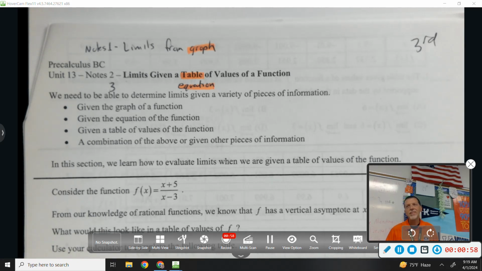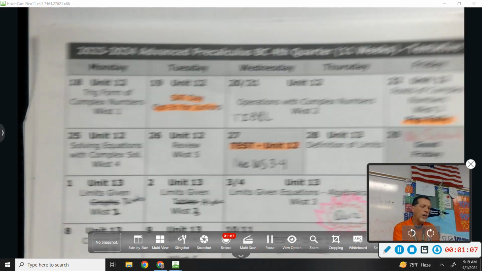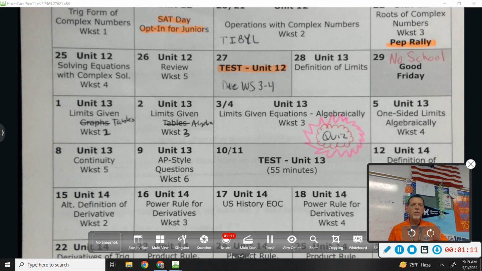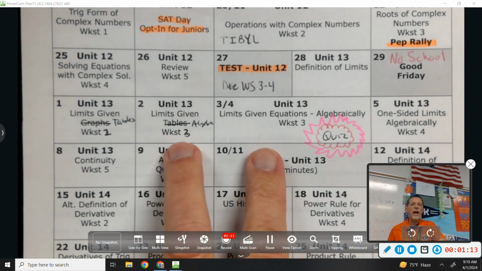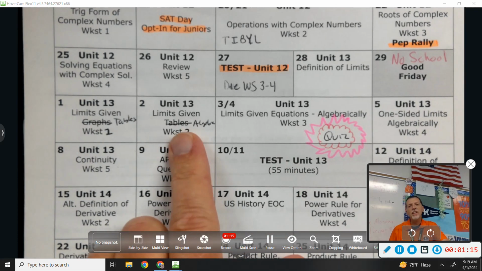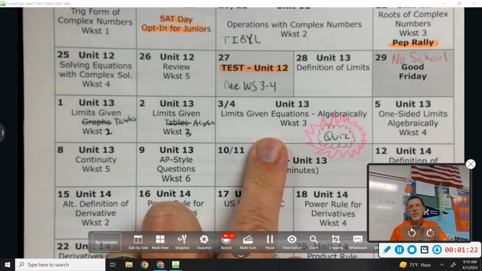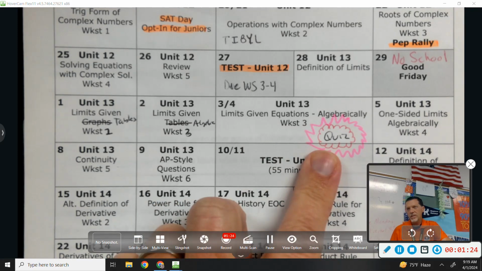For the quiz, like on Wednesday, is there going to be stuff that we learn on Wednesday on the quiz? No, because we do have a quiz coming up, so may as well address it. We were going to have 2 days on algebraically, so we'll cover everything on Tuesday, and then Wednesday we'll have time to answer a bunch of questions, and then we'll take a quiz over it.